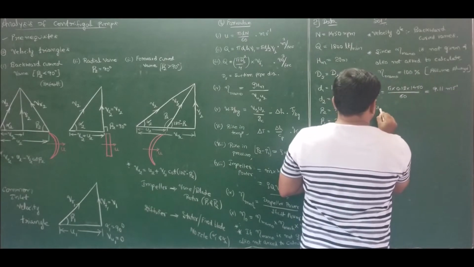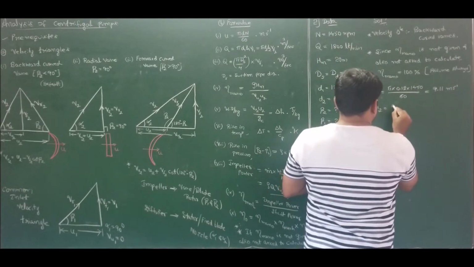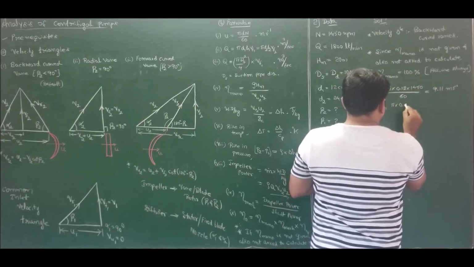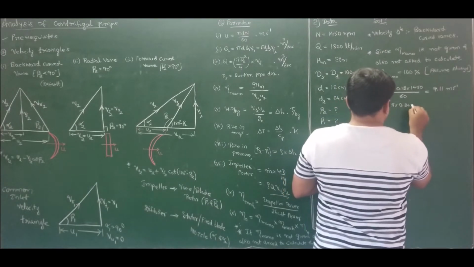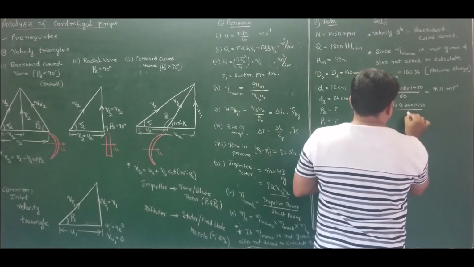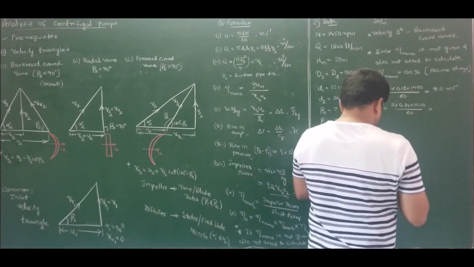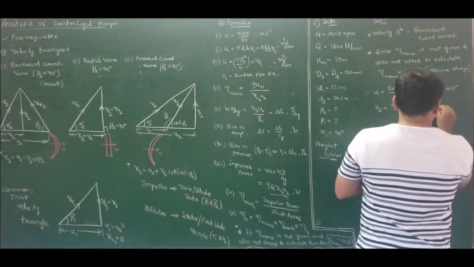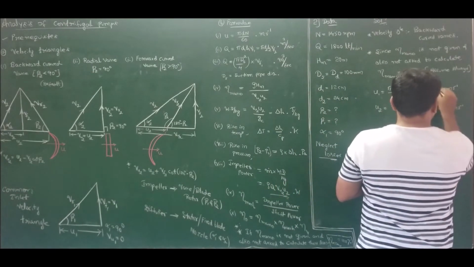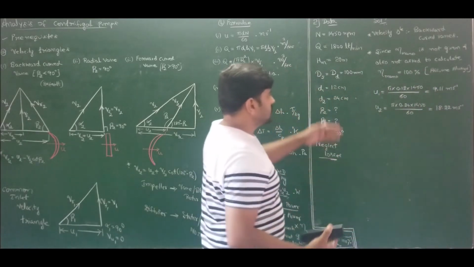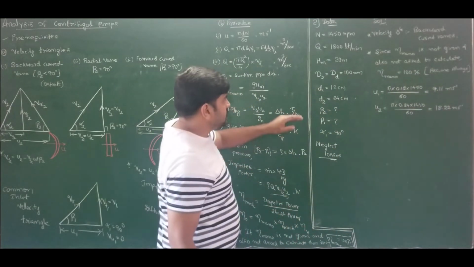Similarly, U2 will be pi times 0.24 into 1450 rpm divided by 60 will lead us to U2 as 18.22 meters per second. This completes the blade speed at entry and exit.